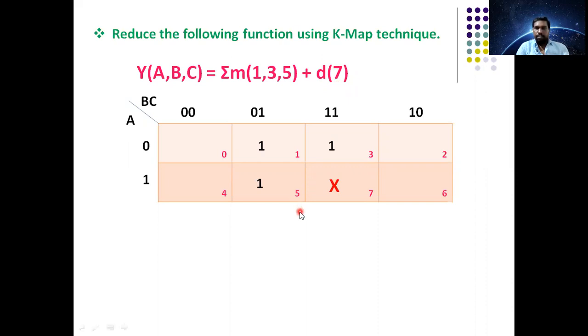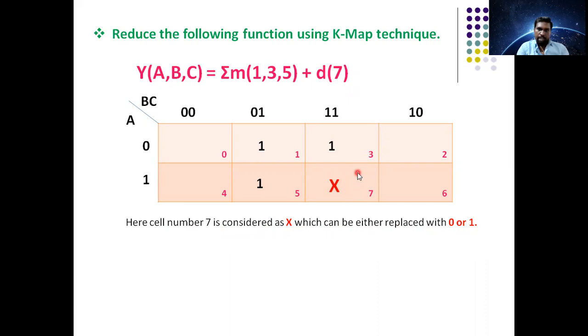Now listen carefully. Here the cell number 7 is considered as capital X, which can be replaced with either 0 or 1, according to your convenience. That means you need to analyze.